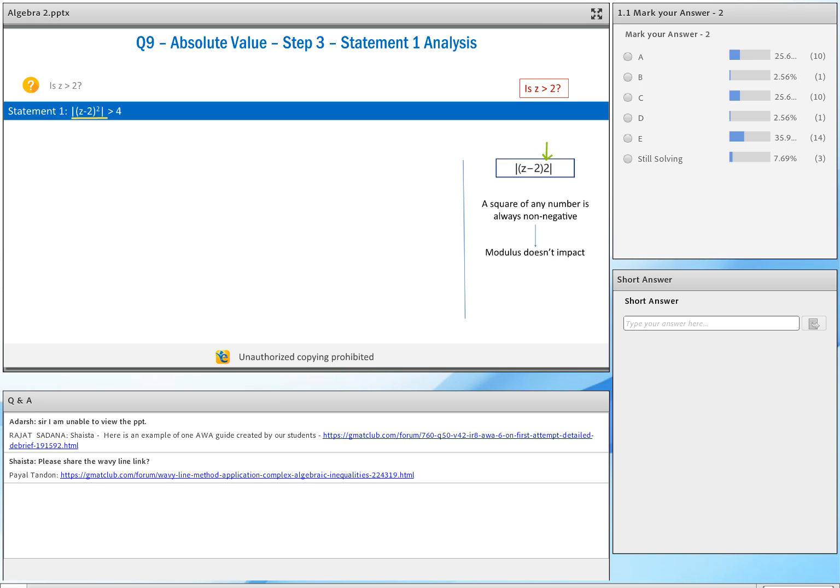So essentially all this is saying is mod of a positive number is greater than 4, and we know that mod of a positive number is always positive. So all this is saying is (z minus 2) whole square is greater than 2 square. Which means (z minus 2) square minus 2 square is greater than 0.